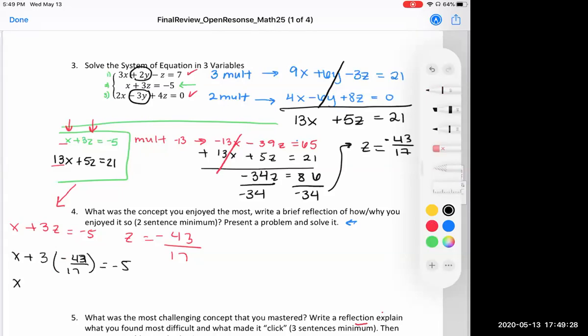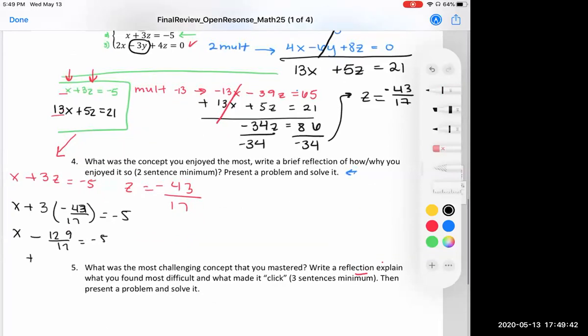So we get x minus 43 times 3, 129 over 17 equals negative 5. We add it, and get that x is equal to 5 plus 129 divided by 17. And we get 214 over 17.